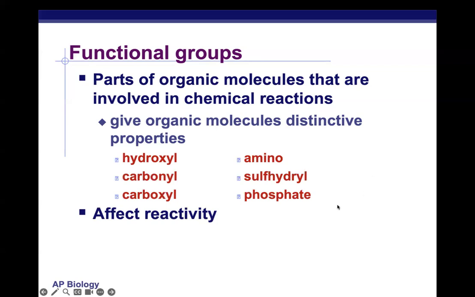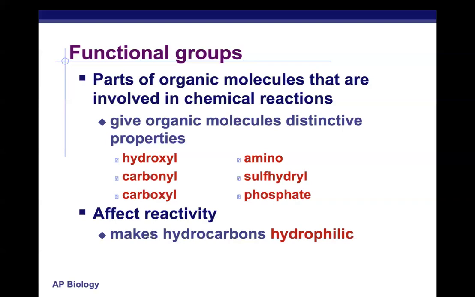And these are sites where a lot of chemical reactions take place in a molecule. The different functional groups and their locations within a molecule affect that molecule's reactivity. For example, they make hydrocarbons hydrophilic, and they might increase something's solubility in water, and so on and so forth.